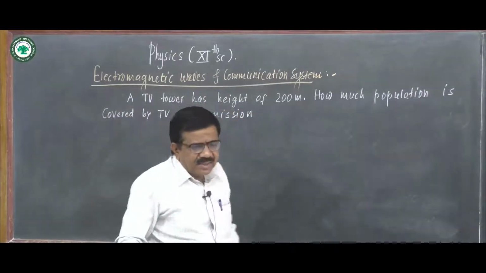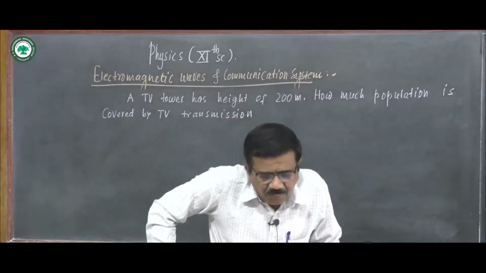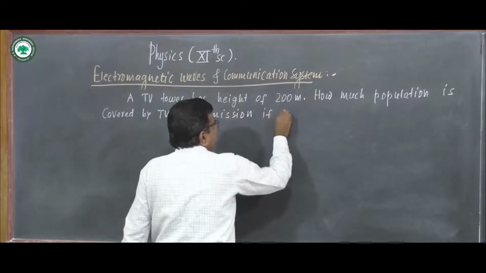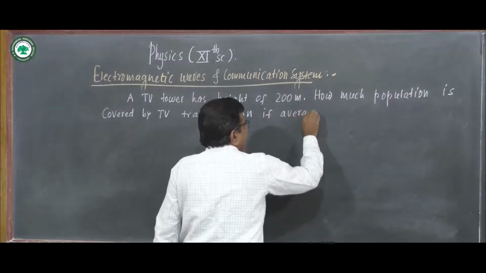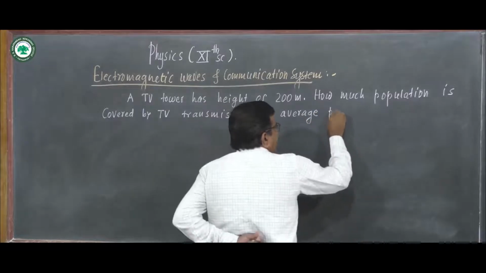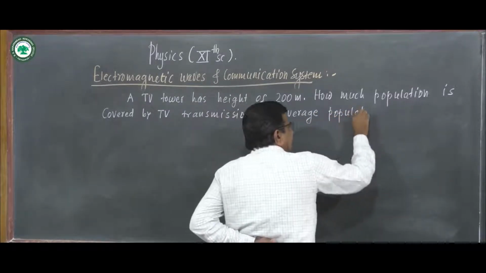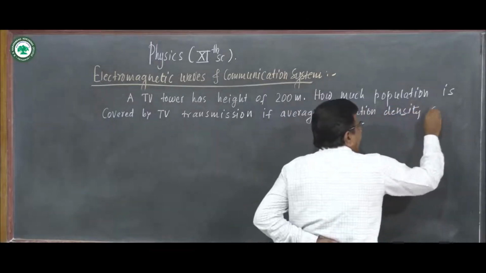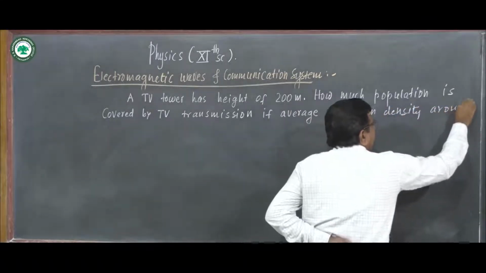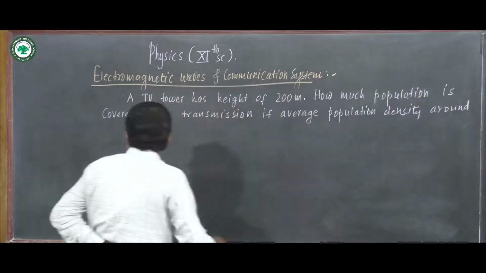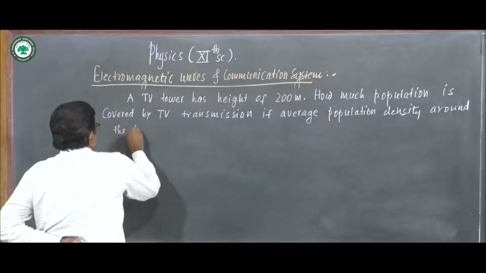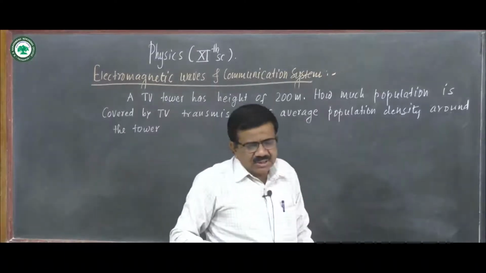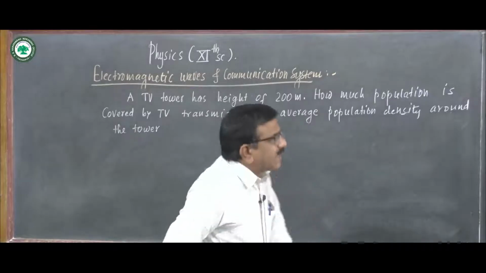if the average population density around the tower is 1000 per kilometer square.